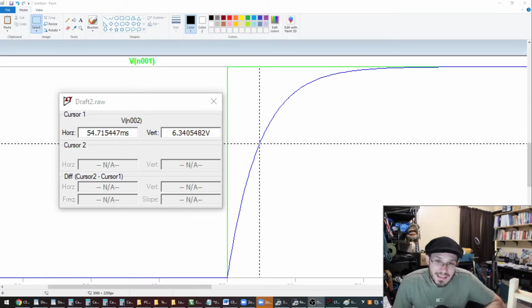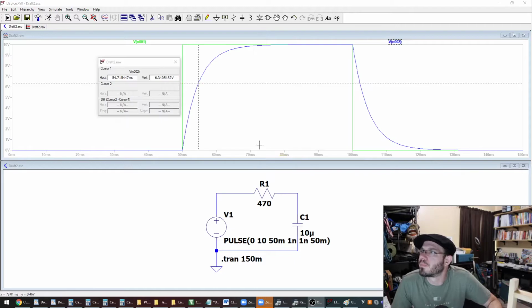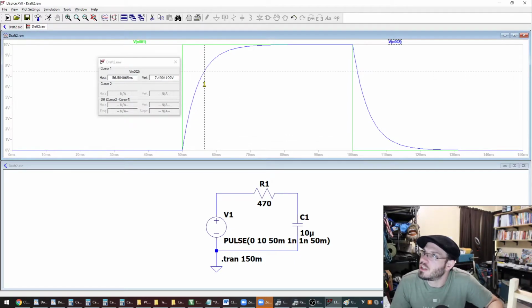Now let's look at once we're at the 100% mark. That occurs at 5 time constants, which is 23.5 milliseconds. So I'm going to shift my cursor till I get to 23.5 milliseconds, but we start at 50 milliseconds.